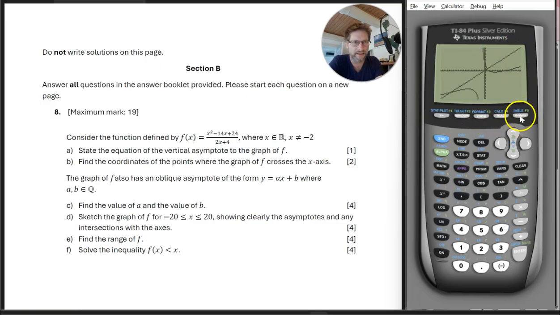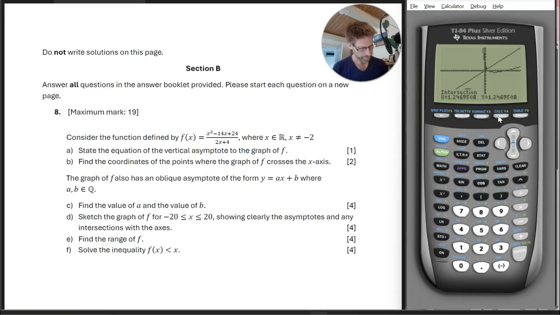So let's calculate the intersection between this function and this function, and my guess would be around here. Then I get the intersection.